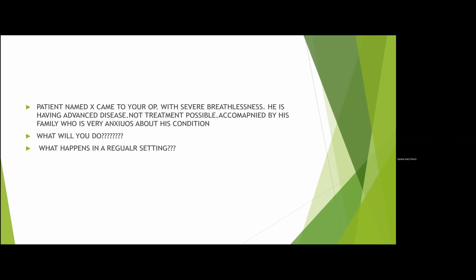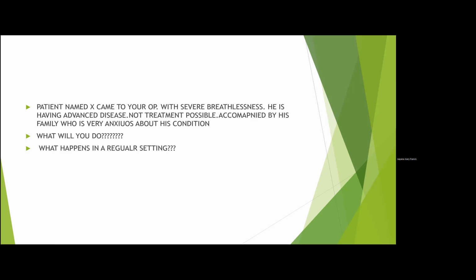You'll tell them that the condition is very serious. Firstly, we'll check the perception of the patient's attendees, how much they know about this advanced disease. Then, after knowing their perception, we'll tell them the real condition, and also we'll empathize with them.